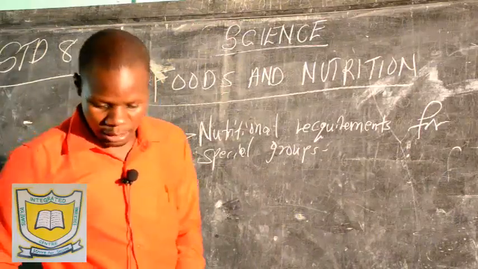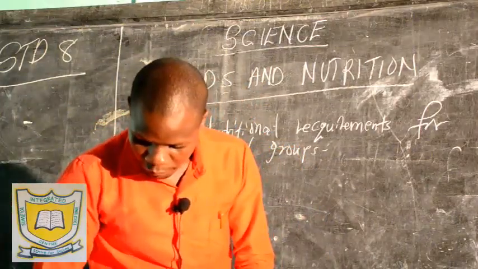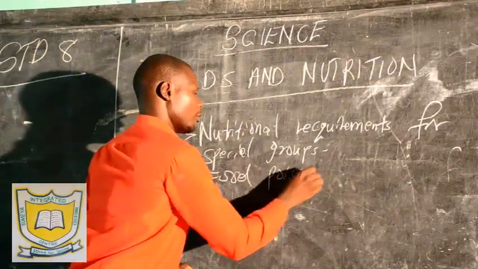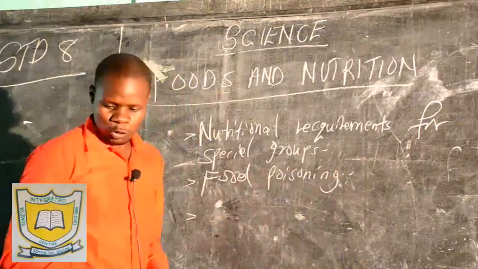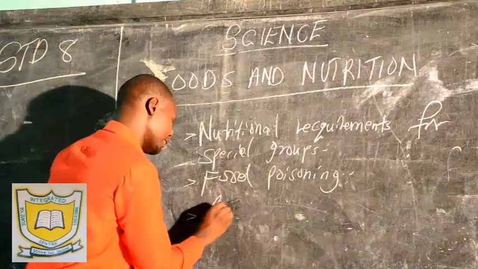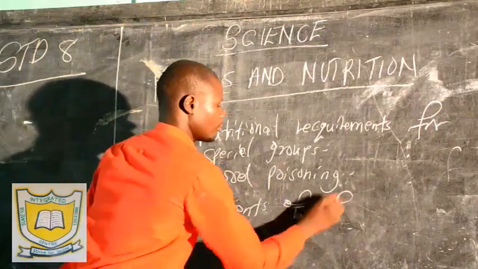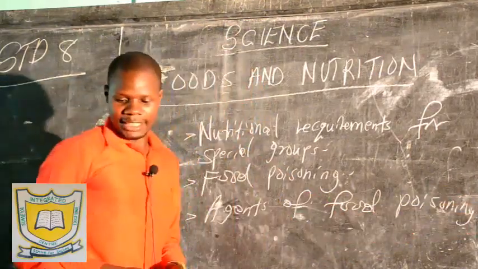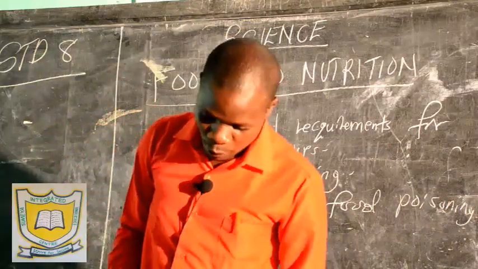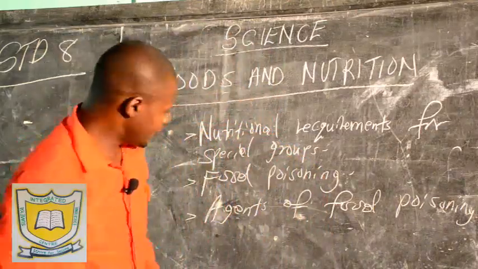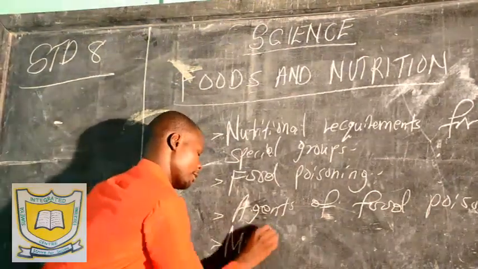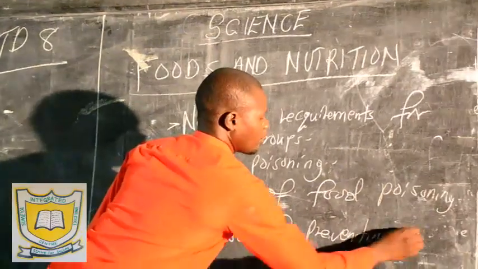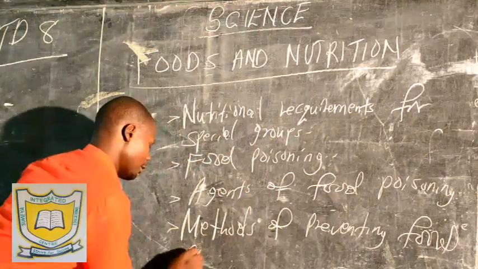We will also discuss food poisoning, we will also discuss agents of food poisoning, and lastly we will also discuss methods of preventing food poisoning.